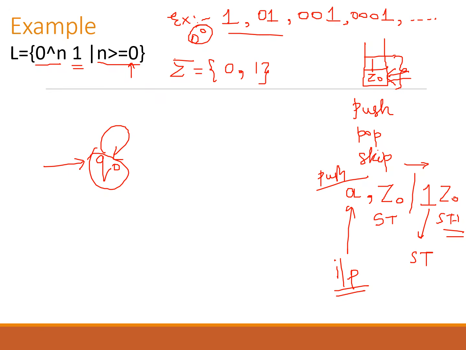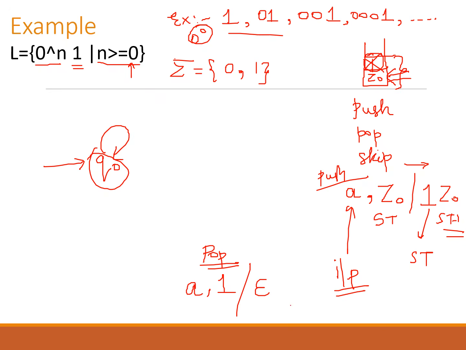Next, let us talk about how to represent the pop operation. For example, if the input is A and there is 1 on the stack top, we have to pop it. So we write epsilon here. This is the pop notation, which means that whatever is on the stack top will be popped or deleted.